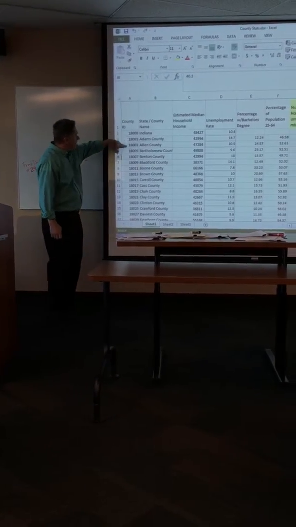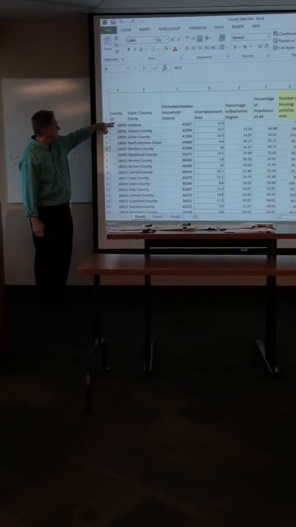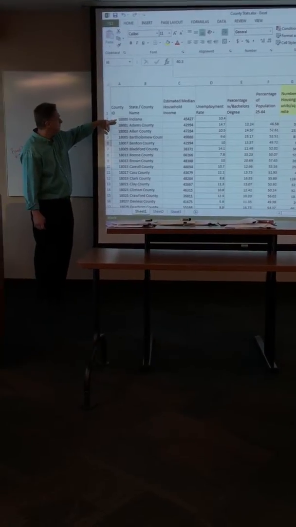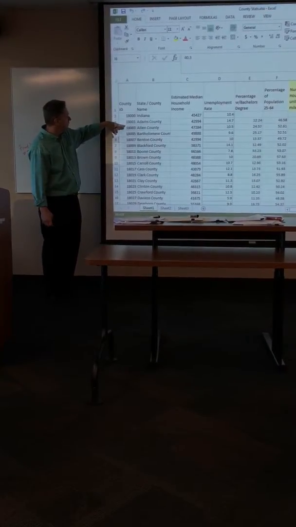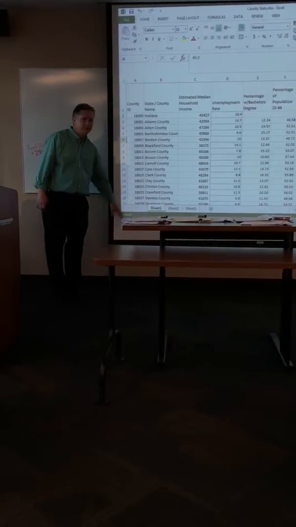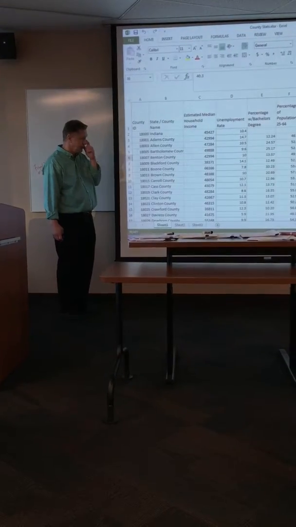This is the county ID assigned by the Bureau of Labor Statistics. They assign 18,000 for Indiana, and then from there it's in alphabetic order: 18,001 for Adams, 18,003 for Allen, 18,005 for Bartholomew, and so on and so forth. All 92 counties. Every county has a unique number associated with it.